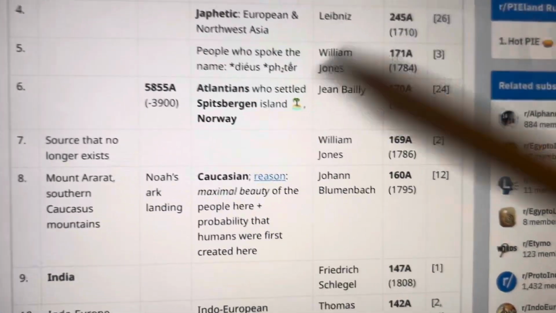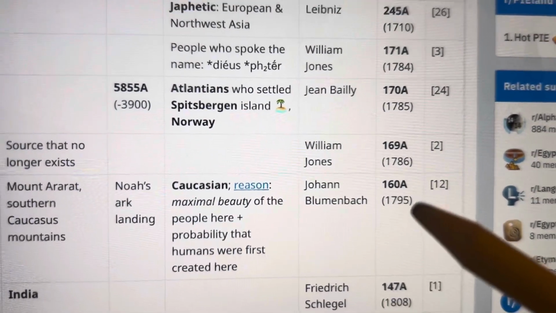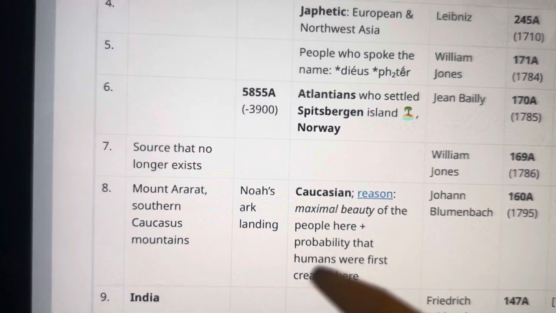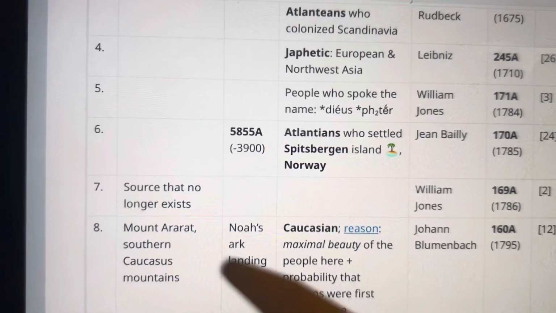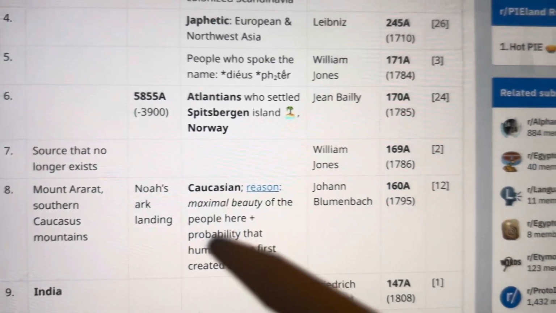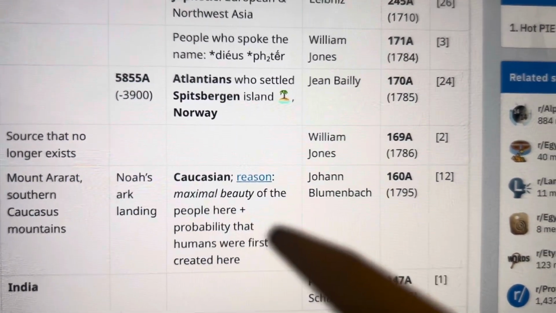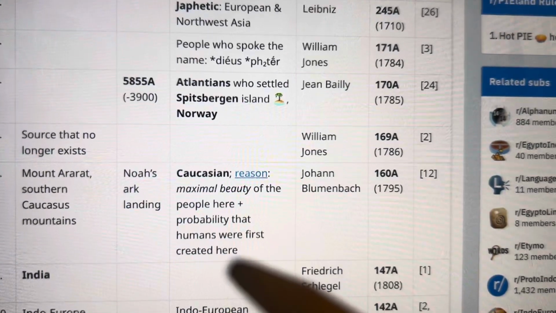Most of this comes down to Blumenbach, who 160 years before atoms were seen said that Noah's Ark landed on Mount Ararat in the southern Caucasus Mountains, and this is where all words originated because the people here have maximal beauty, and they were the first humans created.